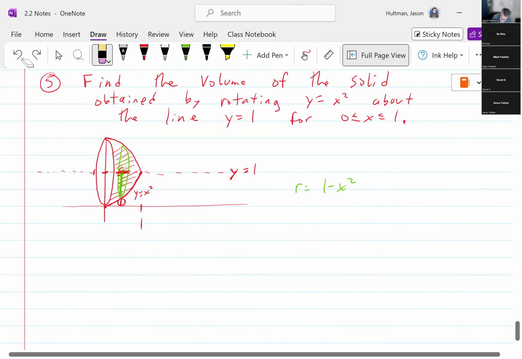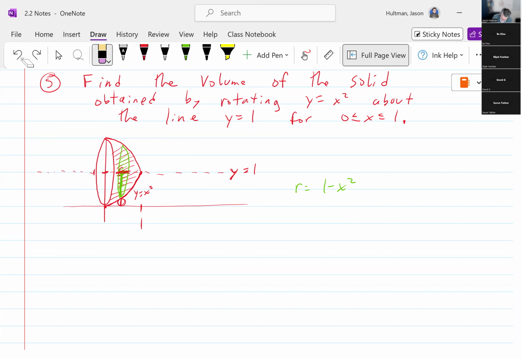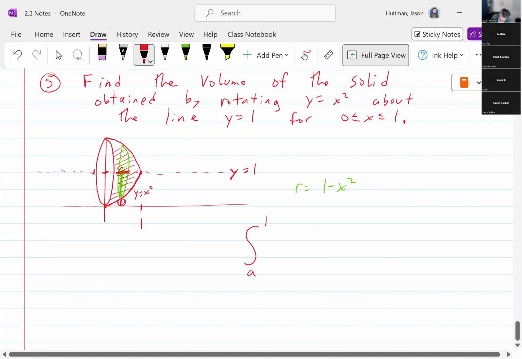Okay, so this is a disk, not a washer. So disk method, not washer. We're going to say, okay, well, this is going to go from A to B of pi times f of x squared dx.